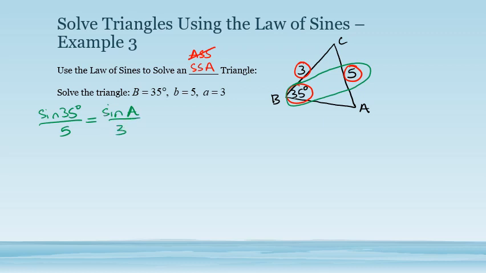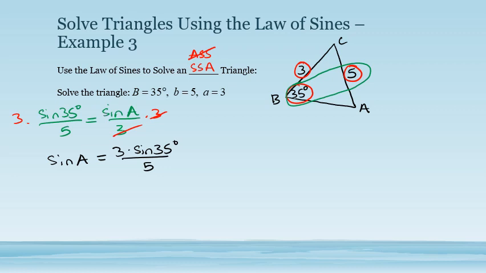And I think I will multiply both sides by 3. And so I think I'll switch to black here. I'm going to get the sine of A is equal to 3 times the sine of 35 degrees over 5.